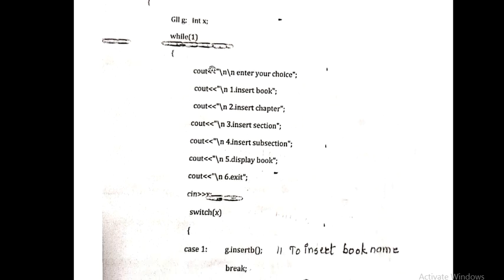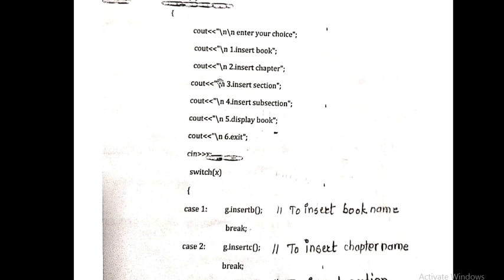That x we have declared to take the choice from the user, which operation they are going to perform, right? So in a while loop, we have to execute these different choices. This is the choice list that will be displayed to the user, so that they can select a choice. The first choice is insert book. Second, you want to insert the chapter under that book.